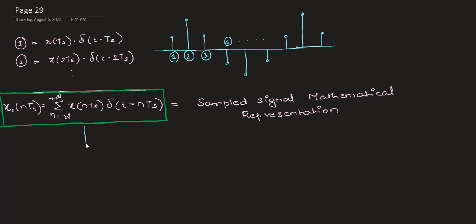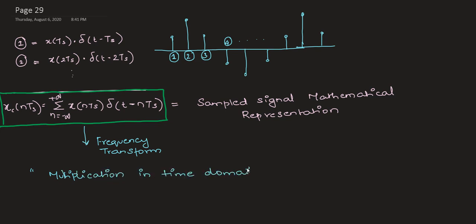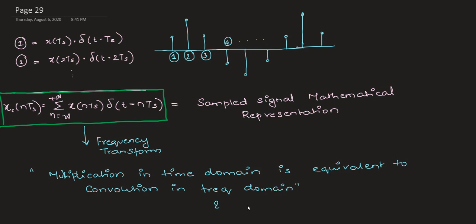So this is a sampling equation which is done with the help of multiplication of your xc of t with delta of t minus nTs, and multiplying these two signals is represented mathematically as shown here, and that is your sampling equation. And now we are going to see the equivalent of the sampling equation, or sampling mathematical representation, in the frequency transform.